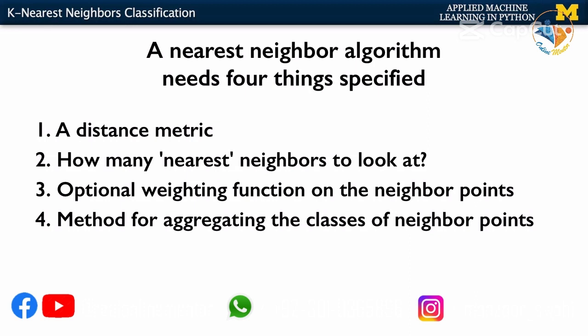Second, we must tell the algorithm how many of these nearest neighbors to use in making a prediction. This must be a number that is at least 1. Third, we may want to give some neighbors more influence on the outcome. For example, we may decide that neighbors that are closer to the new instance that we're trying to classify should have more influence or more votes on the final label. Finally, once we have the labels of the k nearby points, we must specify how to combine them to produce a final prediction.